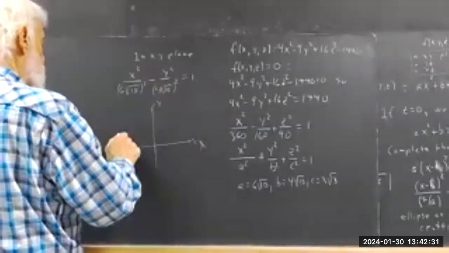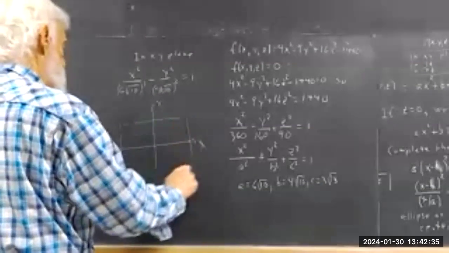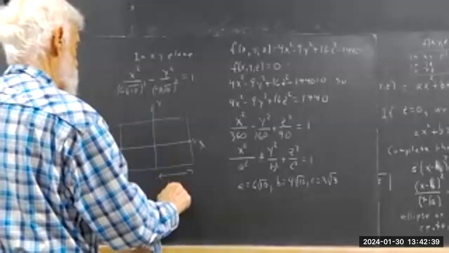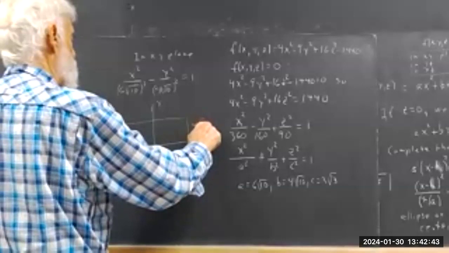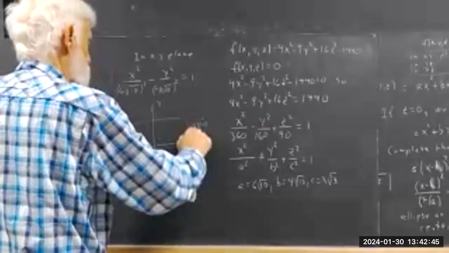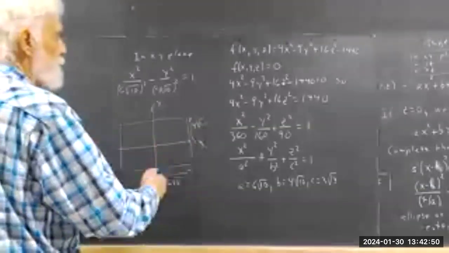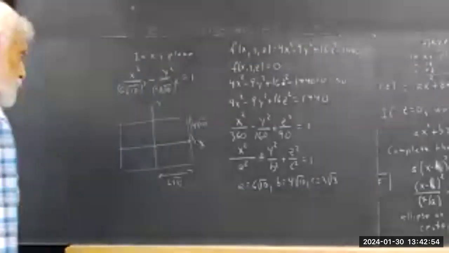In other words, you have a rectangle. And it's 6 square root of 10 here, 4 square root of 10 here. So total length is 12 square root of 10, total height 8 square root of 10. Okay, so that's easy.